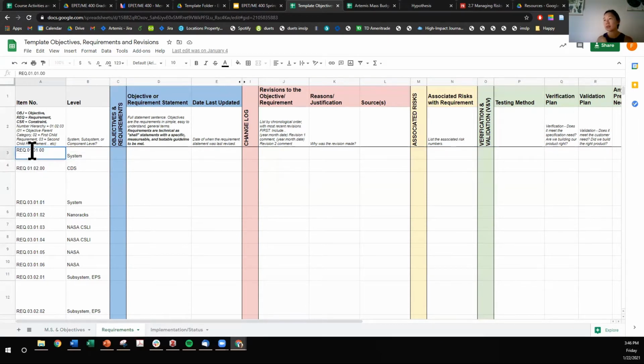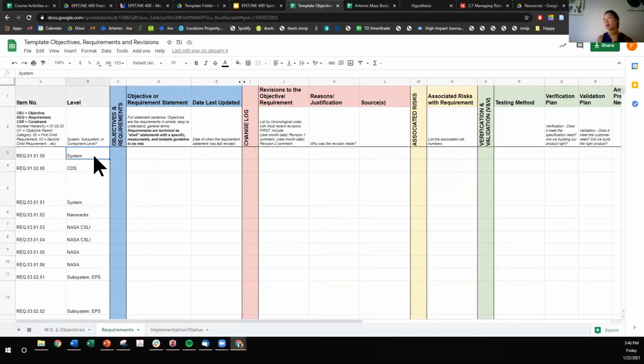so you'll see here, each system requirement, the number hierarchy is here, where the highest level is going to be those first two digits. And then if it were the next level, so maybe a subsystem, then the next two digits. And then finally, the third pair of digits, that could be a component requirement, for example.